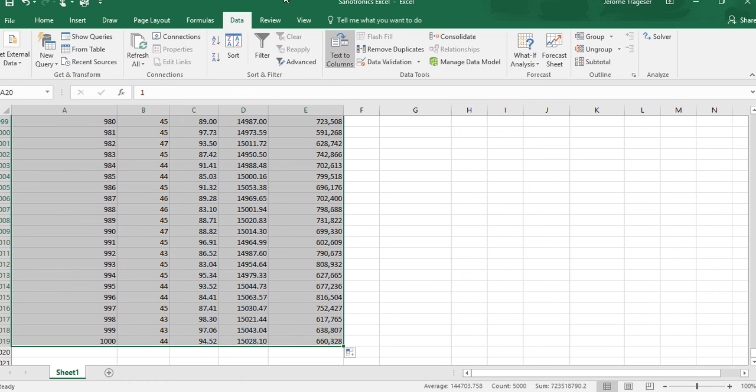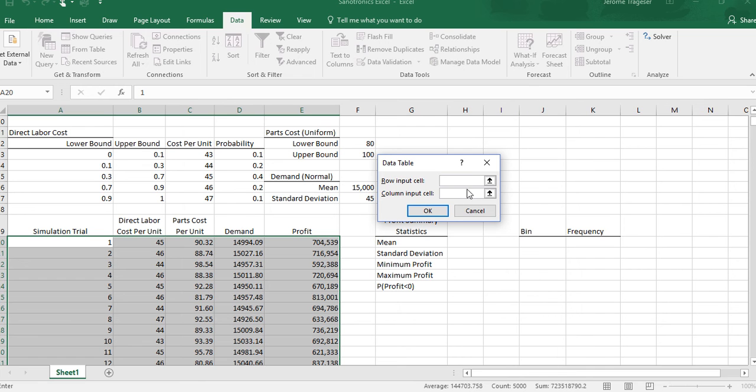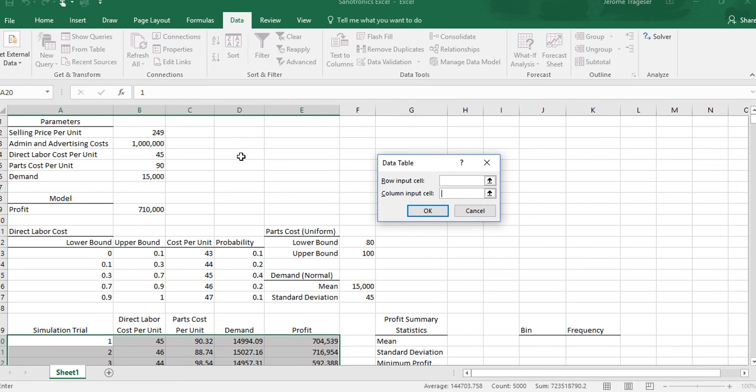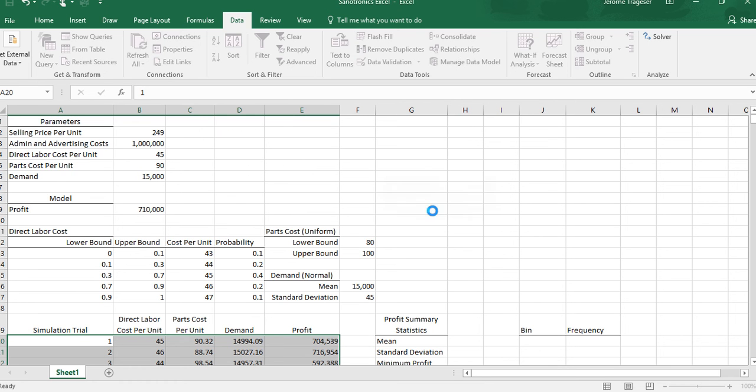Then go up to the Data tab, then What If Analysis, Data Table. And for our column input cell, we want to select an empty cell that we're not really using here in Excel. So this D1 is empty. Do that and select OK.